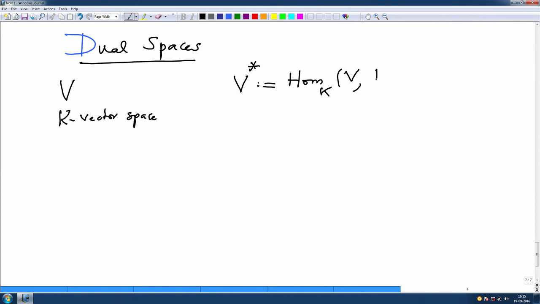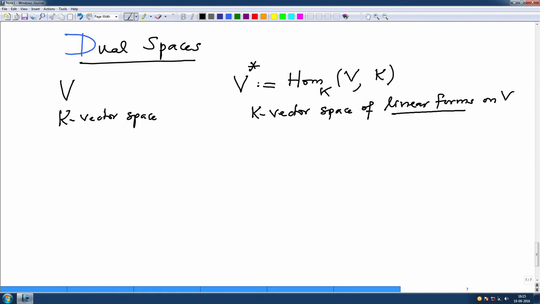This is also a vector space, we have checked, a k vector space of linear forms on V. Elements of this vector space are called linear forms, and now we want to study V and V star together.